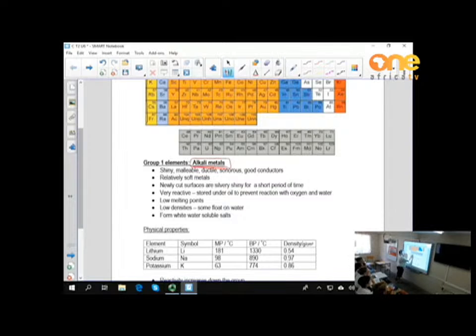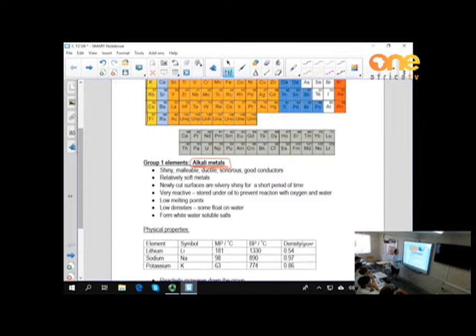Now the reason for that is they react very vigorously with water, and when they react with water, they form the metal hydroxide. For example, if I take a piece of sodium and I add it to the water, it forms sodium hydroxide. And sodium hydroxide is water soluble and it's basic. So it forms an alkaline solution. So we call them alkali metals, all of them.